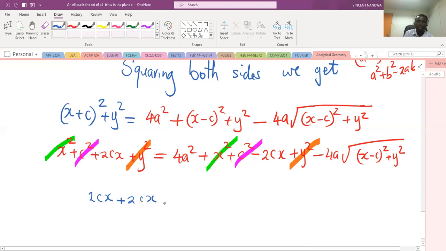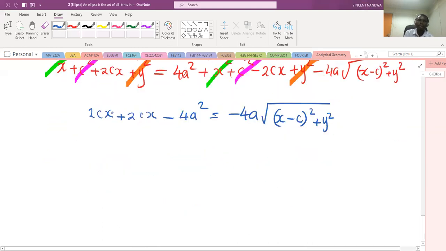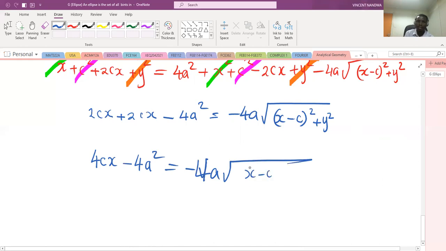And bring this one to the left, minus 4a squared, equals minus 4a times the square root of (x minus c) squared plus y squared. So this will give me 4cx minus 4a squared equals minus 4a times the square root of (x minus c) squared plus y squared.